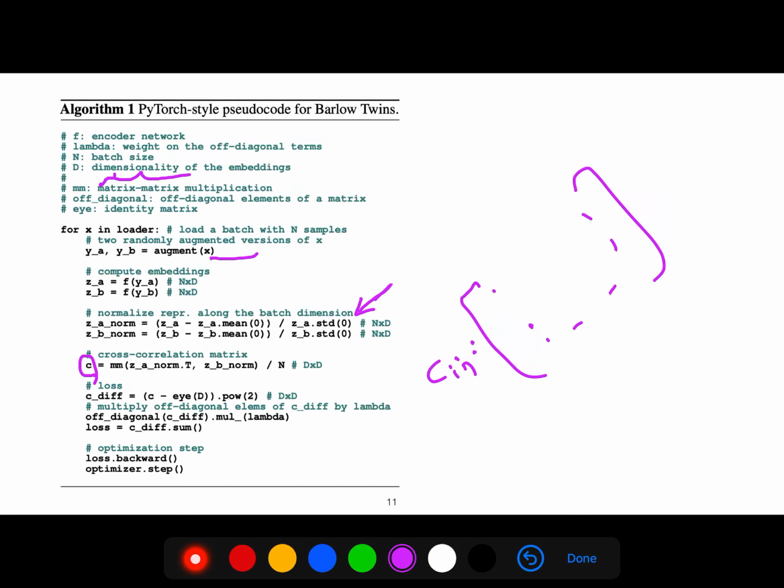MM is matrix multiplication of ZA norm and ZB norm. And the loss is just C minus the identity, to the power of 2. Then you have the loss, and you backpropagate.